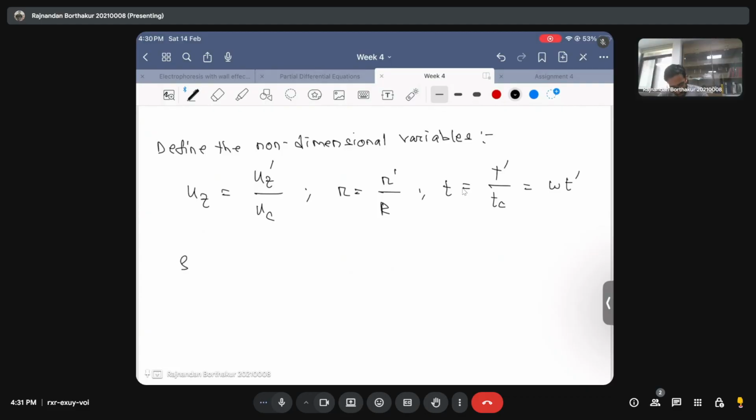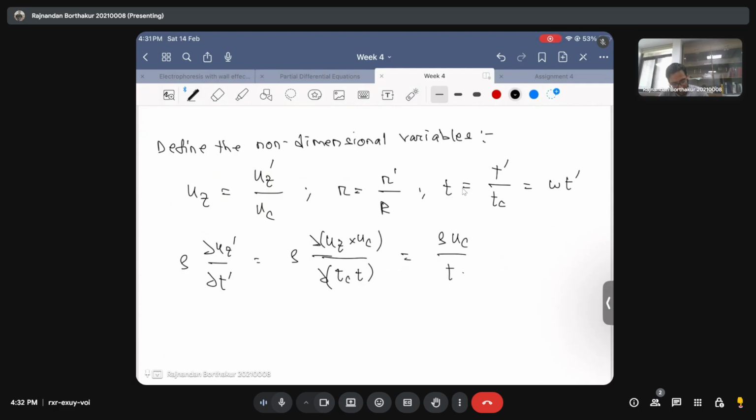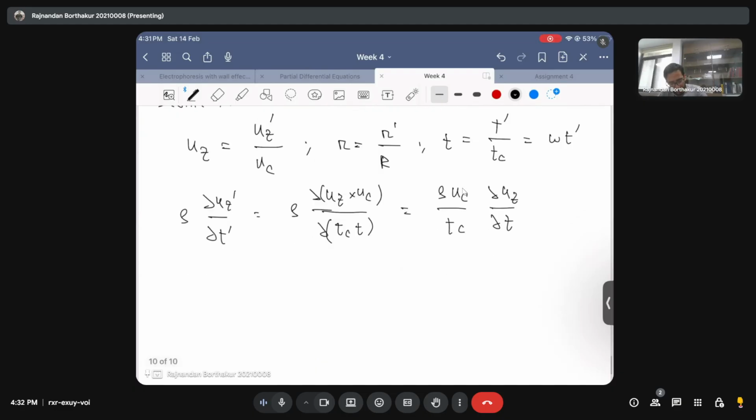Replacing u z prime with u c times u z, and t prime with t c times t, and since the characteristic variables are constants, they come out of the differential. So this becomes rho times u c by t c times del u z by del t, and I know t c is omega inverse. I am not substituting u c yet, and it will be clear why. So rho times del u z prime by del t prime becomes rho times omega times u c times del u z by del t.